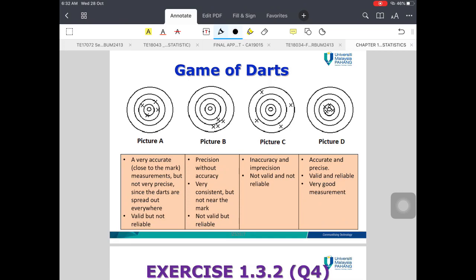We go to picture B. We can say the distribution is quite precise, precision without accuracy. Each of the data points is in one part, you can see that, but it is not accurate, not close to the mark.